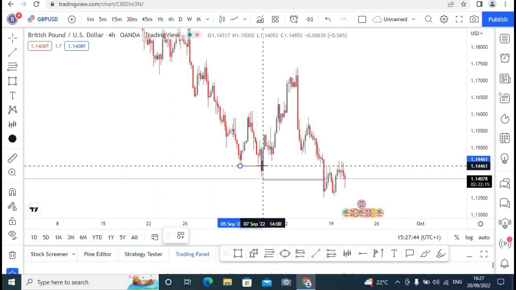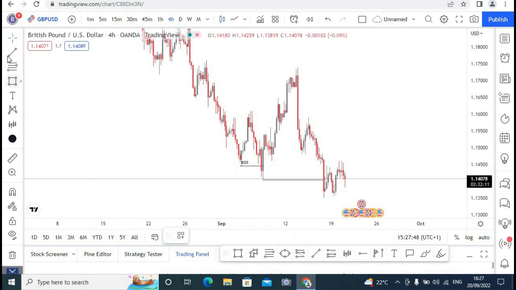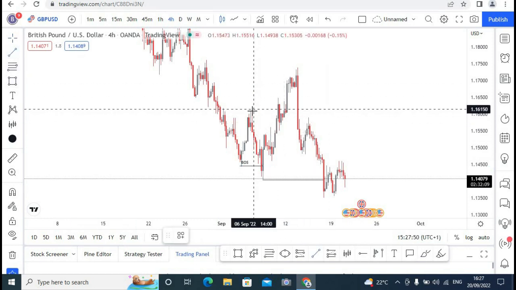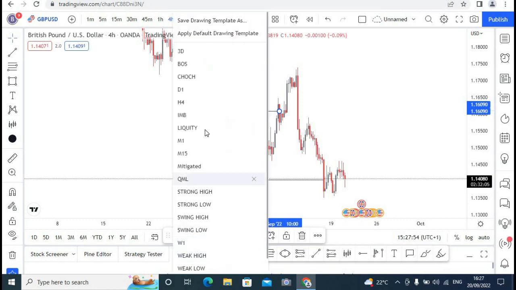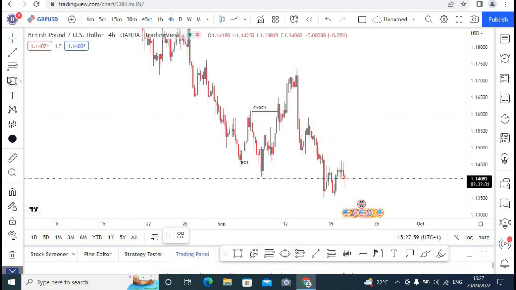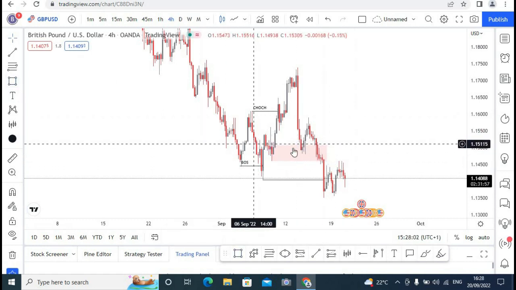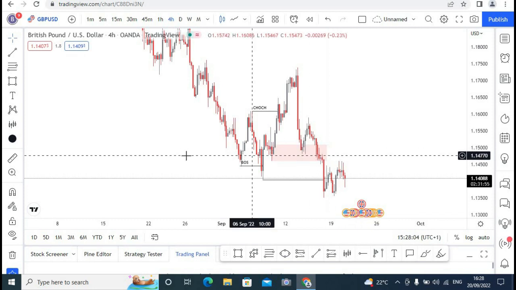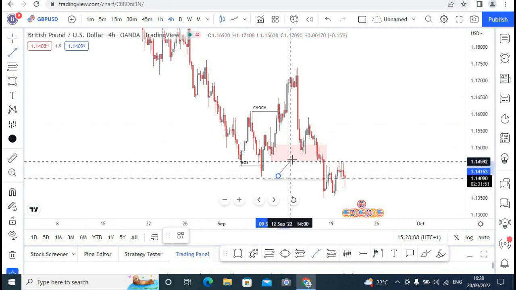Let me show you the breakout structure, and now we can call this a change of character. The next thing which we anticipate is this move to hold the orders. But you can see that the price failed to hold the orders right here, guys.